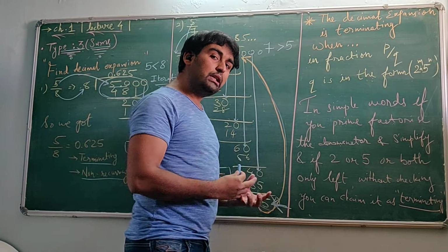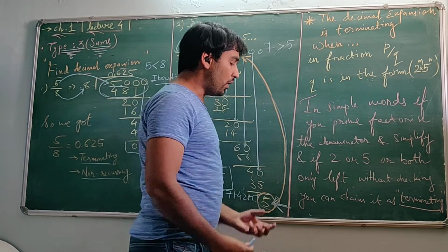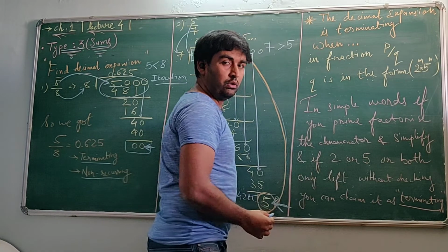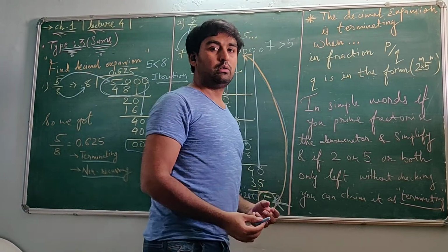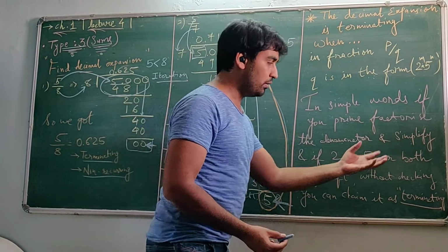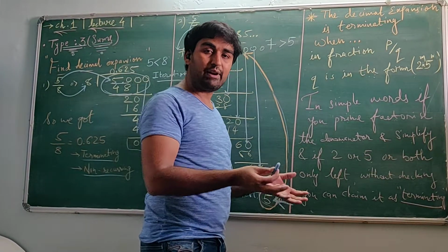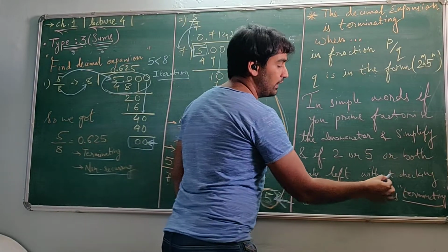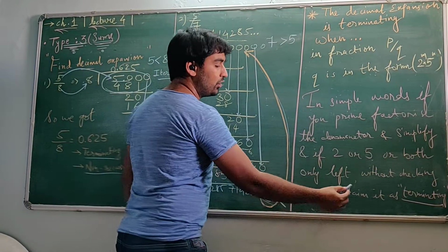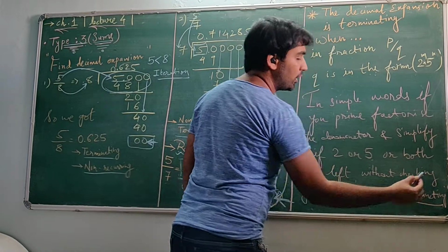If the ultimate result in the denominator comprises only 2, only 5, or both of them, like 2 and 5 and their multiples, without checking you can claim it is terminating.